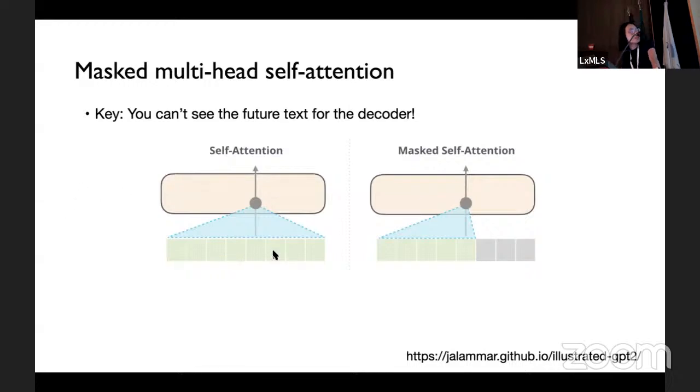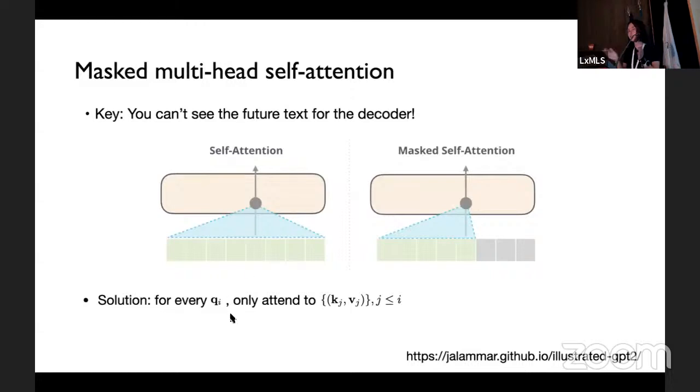So for the self-attention, essentially for every single word, you can draw the attention between the current word and all the other words. But for the masked self-attention, it should only allow you to see the words up to the current time step. Let's say if the current time step is I, you should only see the words from position 1, 2 to position I, but not all the future words. So the solution is very simple.